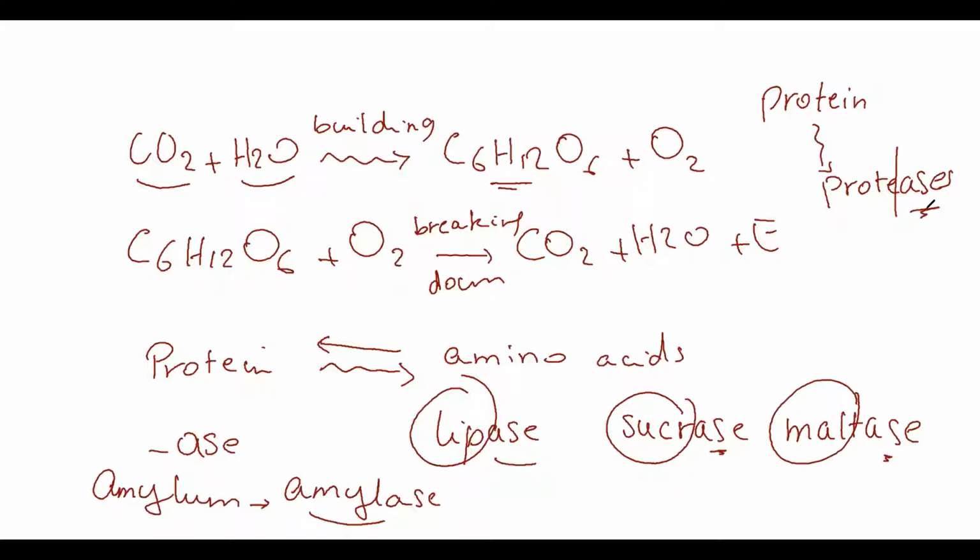I have three of them. One is working in the stomach, one is working in the first part of the small intestine, and the third one is working in the last part of the small intestine. Of course, we are going to know all about this when I explain the digestive system. But right now you have to know this information about the enzymes.